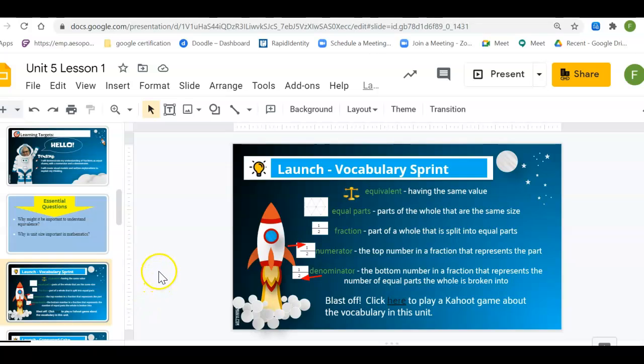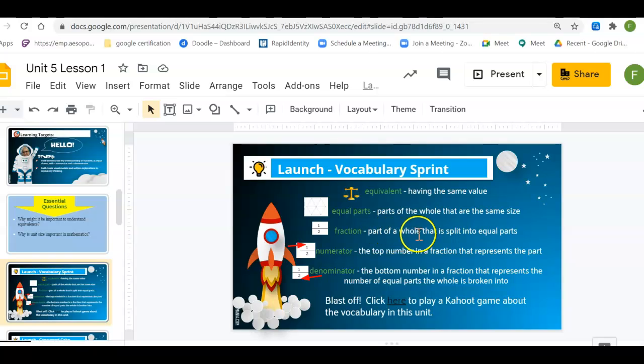I've got some vocabulary words right here that are really important that I want you to pause the video and write the vocabulary words and definitions in your notebook. Our first one, equivalent: having the same value. Equal parts: parts of the whole that are the same size.